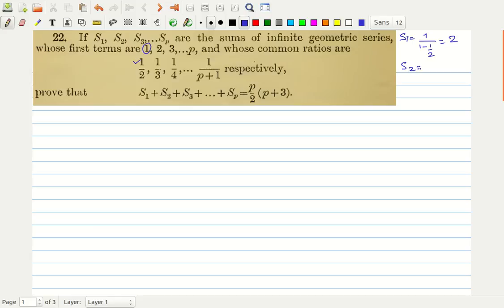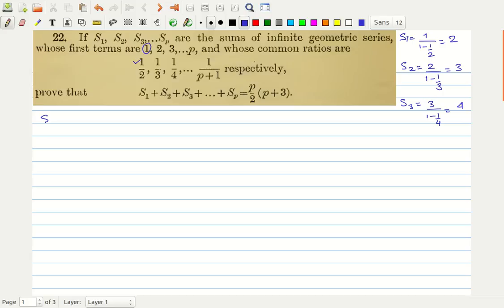Similarly, what is S2 going to be? S2 is 2 divided by 1 minus 1 by 3, which is equal to 2 divided by 2 by 3, which is equal to 3. S3 is going to be 3 divided by 1 minus 1 by 4, which is equal to 3 divided by 3 by 4, which is equal to 4. So you can already see that this is a very simple arithmetic progression that we are getting.